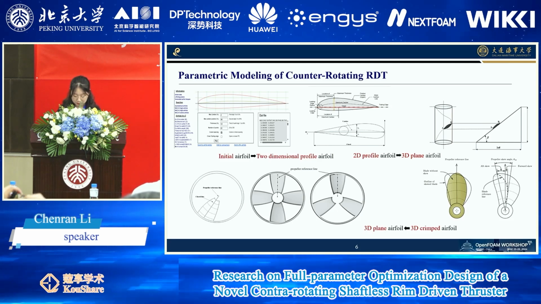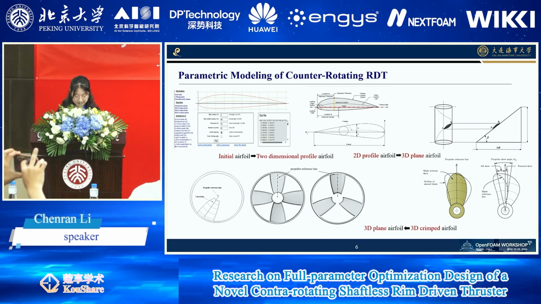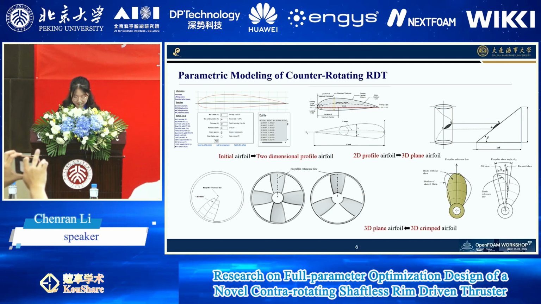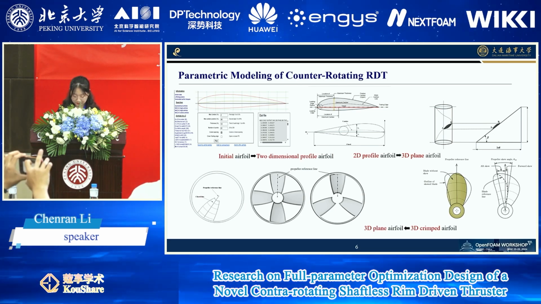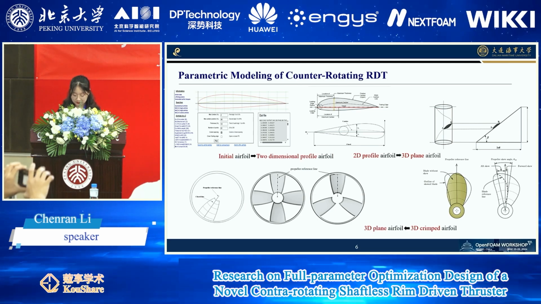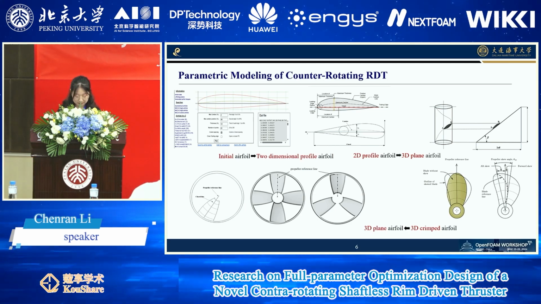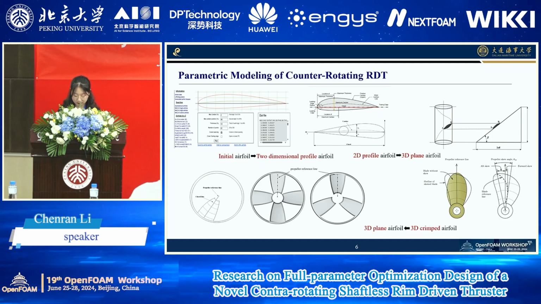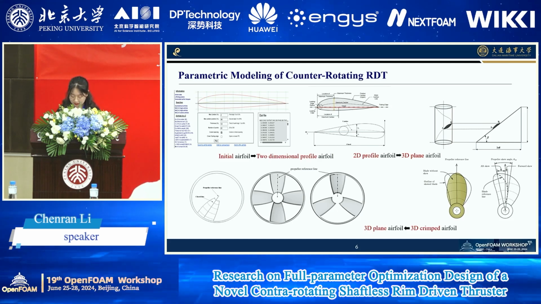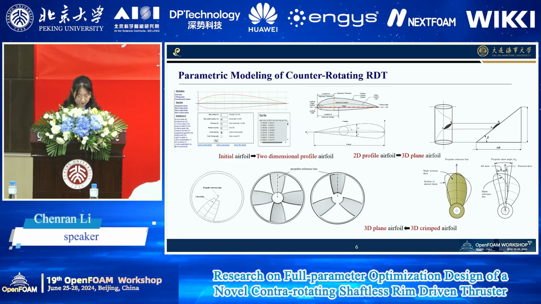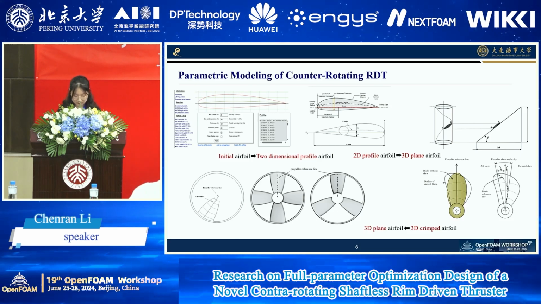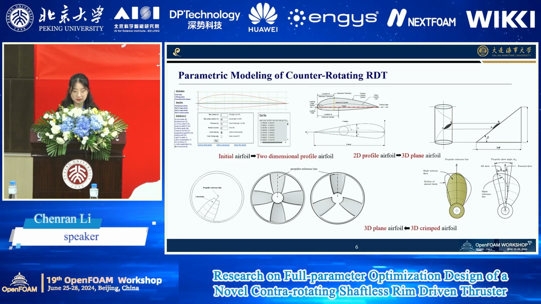The design variables for the counter-rotating RDT blades manually express and locate the blade profiles. The chord length, max thickness, and max camber describe the shape of the airfoil profile. Rake, skew, and pitch accurately represent the circumferential, axial, and radial distribution of the counter-rotating RDT blade profiles.